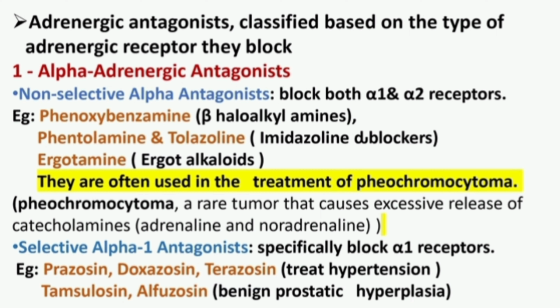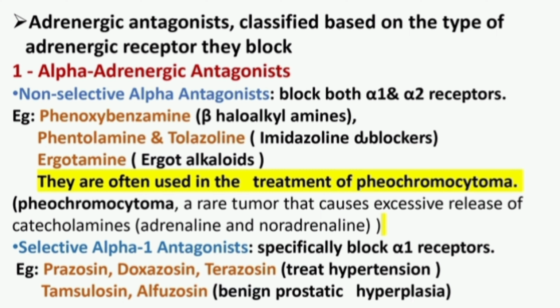One of the points is very important in this section. These are mainly common characteristics we are discussing. The point I highlighted here: they are often used in the treatment of pheochromocytoma. Pheochromocytoma is a rare tumor that causes excessive release of catecholamines.